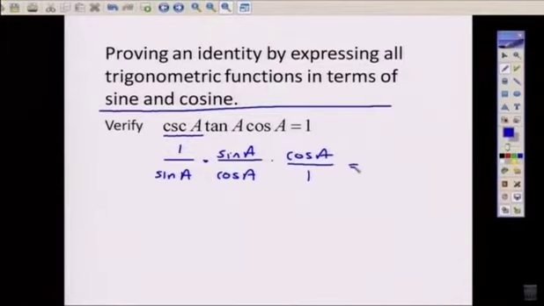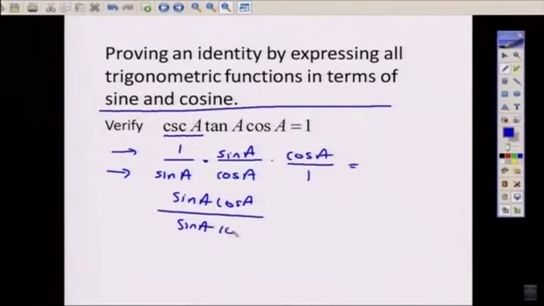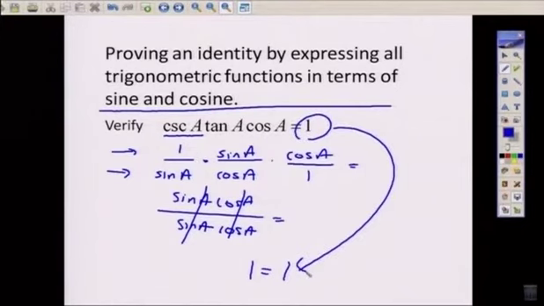I'm just going to make cosine A, and I just put a 1 over it so they're all expressed as fractions. So if I multiply straight across my fractions, I have sine A cosine A over sine A cosine A, which, they cancel, is equal to 1. So we verified that the left-hand side is equal to 1.